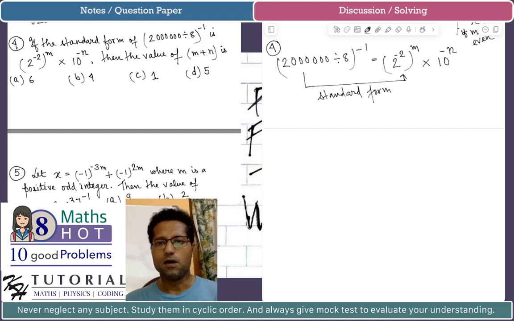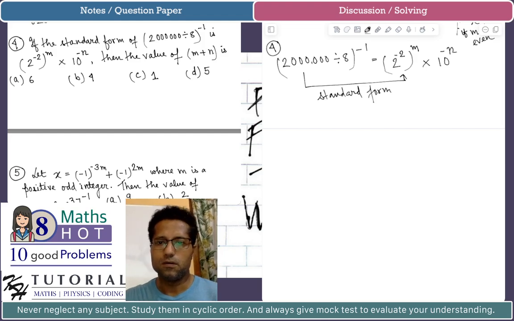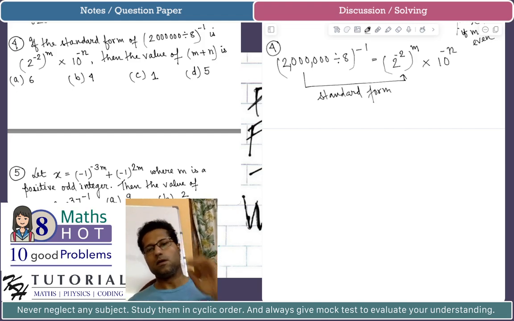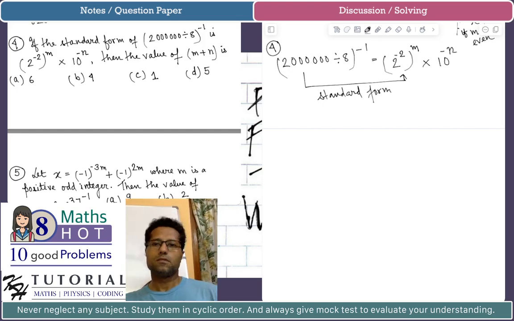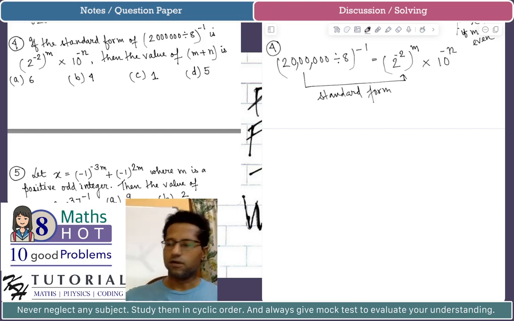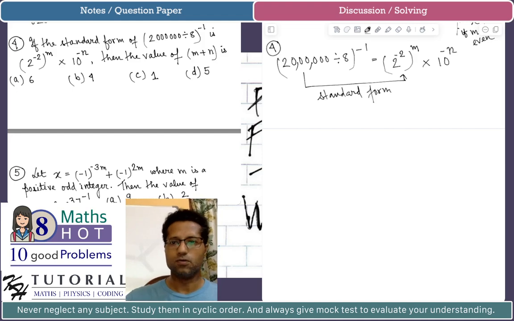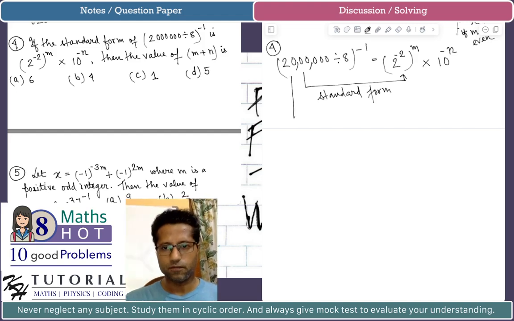This number is roughly 20 lakhs, divided by 8, and its reciprocal. So let's find out what the standard form of this number is.